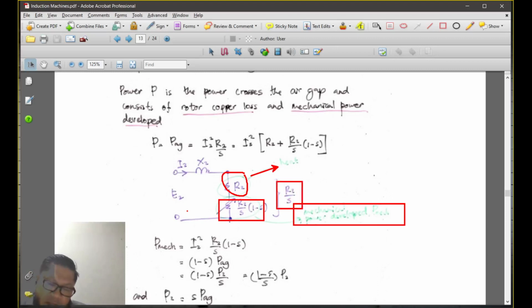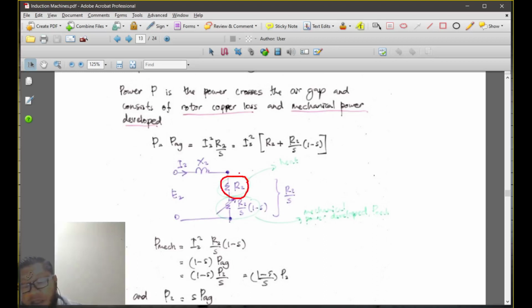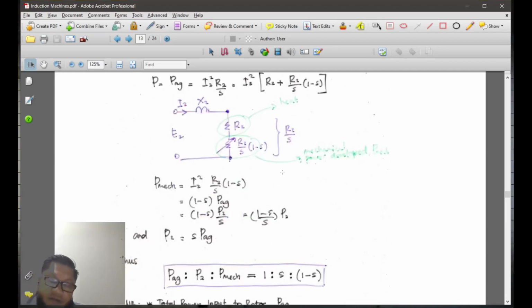But in terms of the power, there is a different power that produces a loss, and this is the actual power within the mechanical power developed.